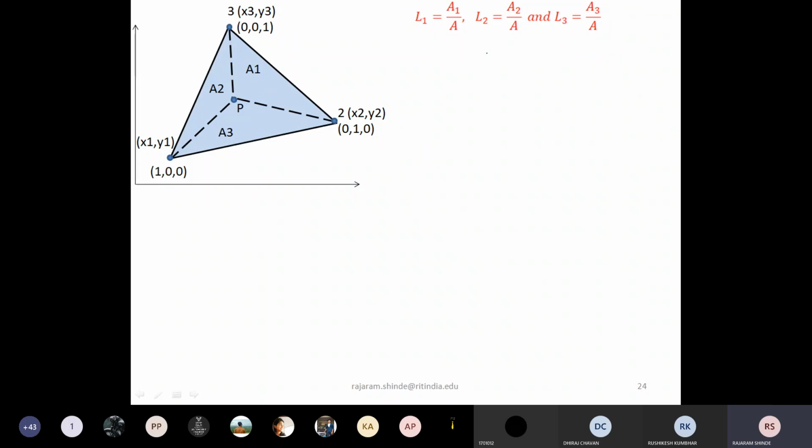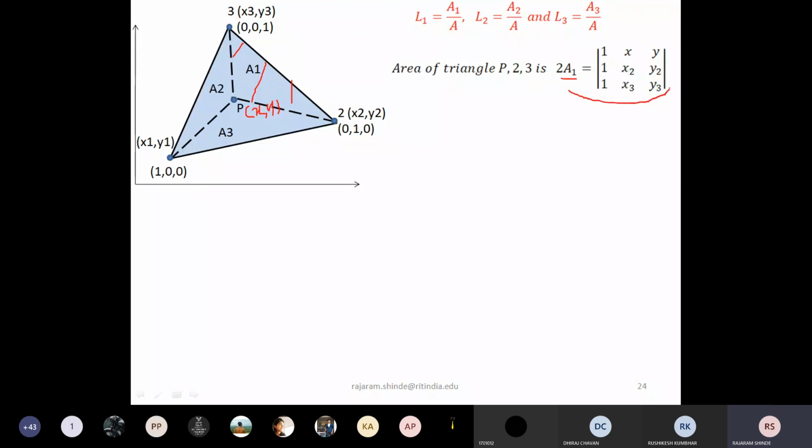Now, how can we calculate this area? We know the coordinates of point P are X, Y; this is X2, Y2; and this is X3, Y3. The area of triangle P23 is equal to 2A1.